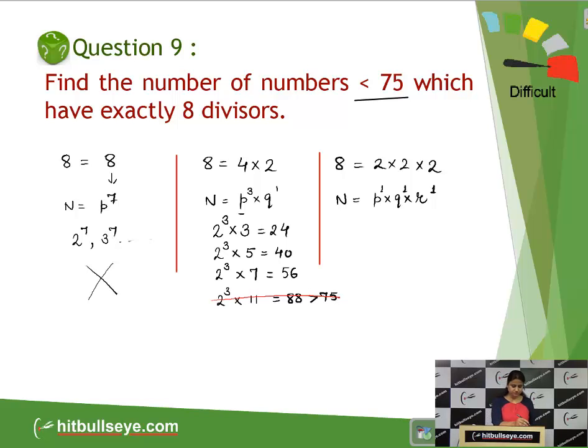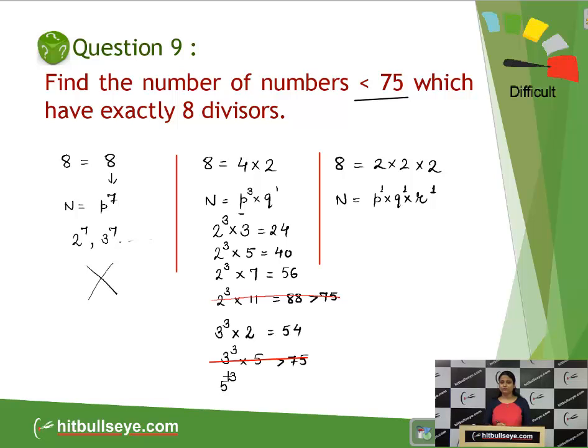Now let us take p as 3. My number can be 3 cube into 2, which is 54. Now 3 cube into 5, of course we cannot take that case because this is more than 75. We have to reject this case. So we have to stop here. Now coming back to p, once again I'm taking this as 5.